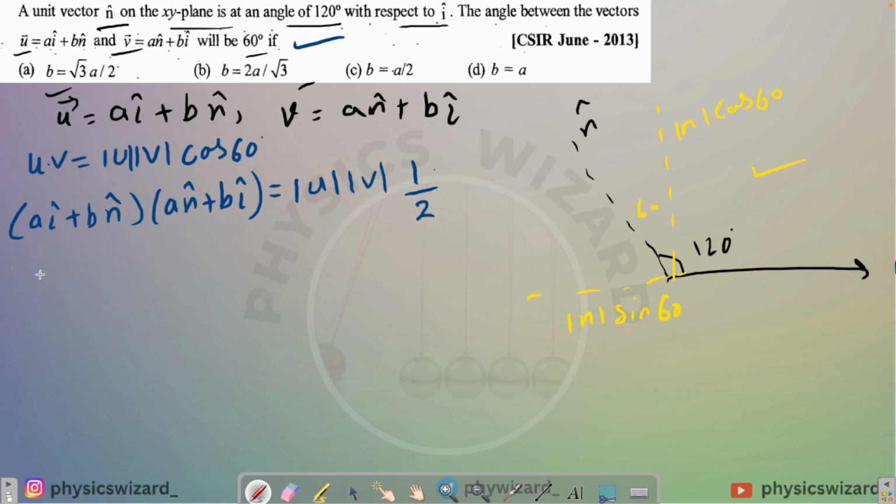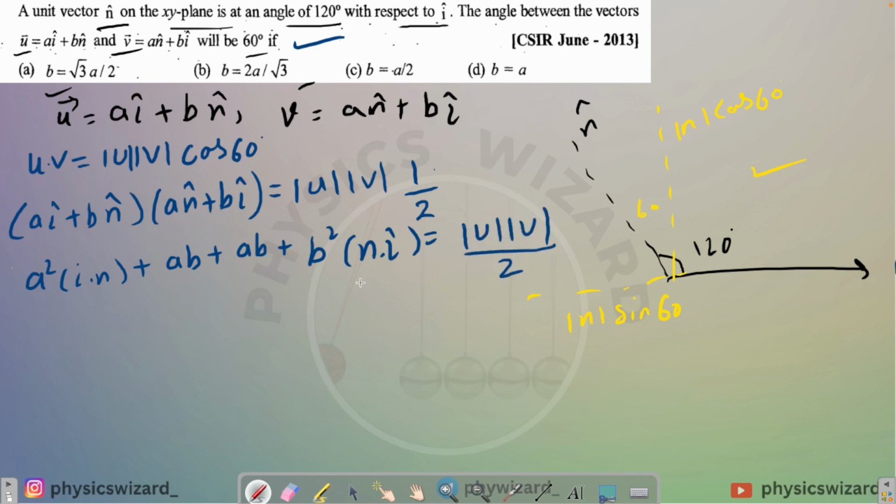Now we can write it as a square i dot n plus ab plus ab, because n dot n is also 1, plus b square n dot i cap equals uv by 2. As we know that a dot b is always equal to b dot a, so these both are same.